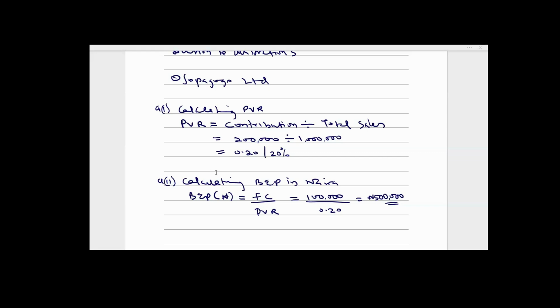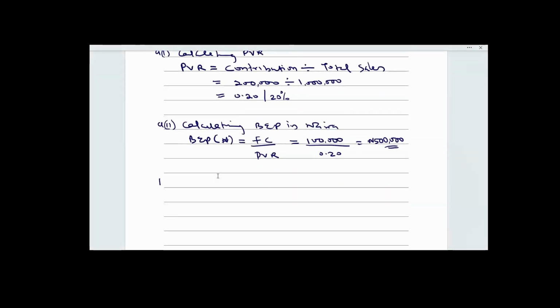So in this case, number B1, we are told that fixed costs, I would then say break-even points in naira if fixed costs increase by 10,000 naira. So the examiner has told you a proposal has been made to increase fixed costs by 10,000 naira. Of course, we are also told that sales and variable costs will remain unchanged.